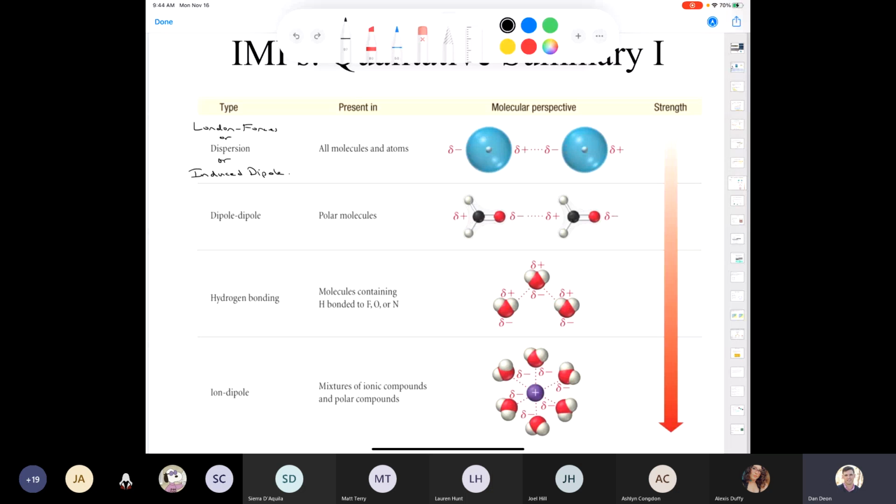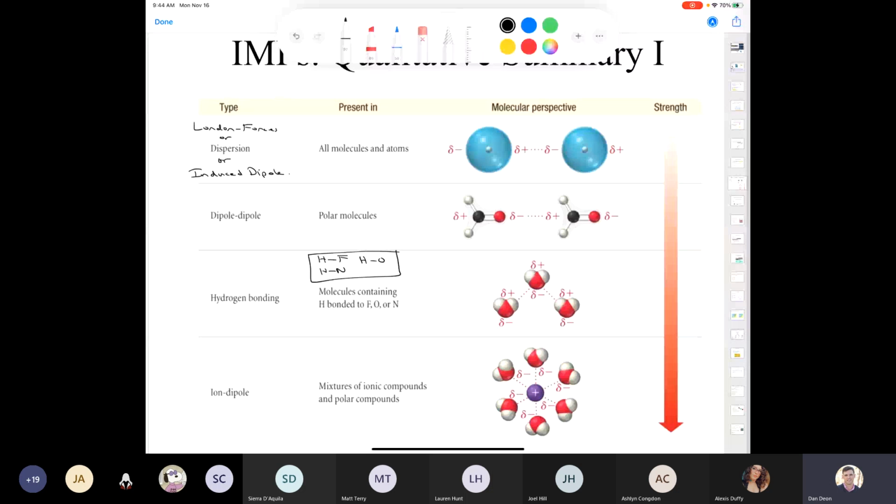The next one is a hydrogen bond. A hydrogen bond is just a special type of dipole-dipole force, right? Water is a polar molecule. HF is a polar molecule. Ammonia is a polar molecule. They all have polar bonds. But when we have hydrogen bonding, we have to have hydrogen bound to either fluorine or nitrogen or oxygen.